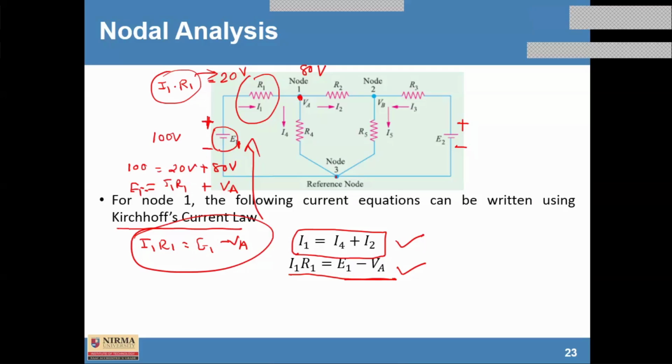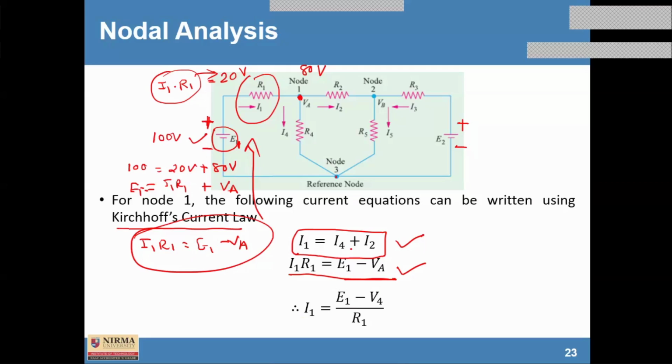So here E1 is the separate battery connected, and here it is node 1. So we can have a difference of voltages, and that is equal to the voltage drop. So we can write this expression also. Now using these expressions we are going to find out the potential at the different nodes. Fine. How? Let us see.